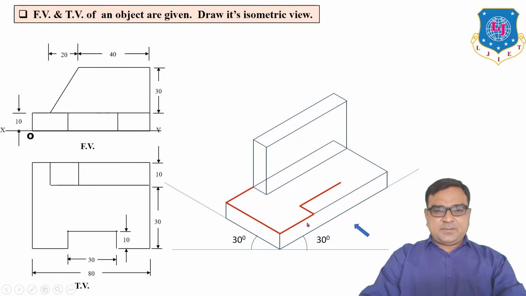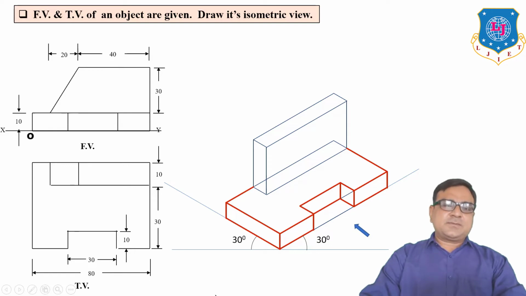This is 10 mm deep, 10 mm vertical height 10 mm. So you have to complete your bottom block with red color, which is the final outline.